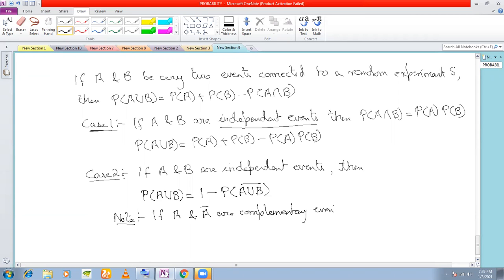If A and A bar are complementary events, then remember, we can write P(A) is equal to 1 minus P(A bar), right? Similarly, that is the same concept I have applied here. A union B I have considered as one single event. So therefore, I can write P(A union B) is equal to 1 minus P(A union B whole bar). Can I write?